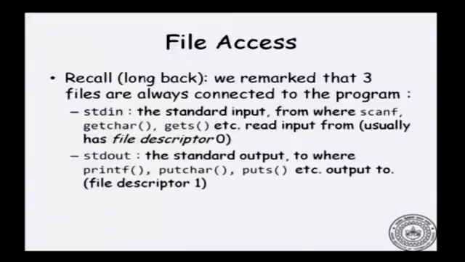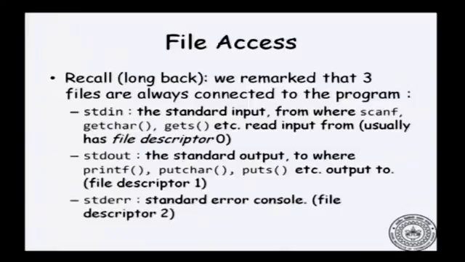It has file descriptor 0. Similarly, standard output, stdout, is where printf, putchar, puts, all these functions output their data to. This is usually visible on the terminal, on the screen. This has file descriptor 1.